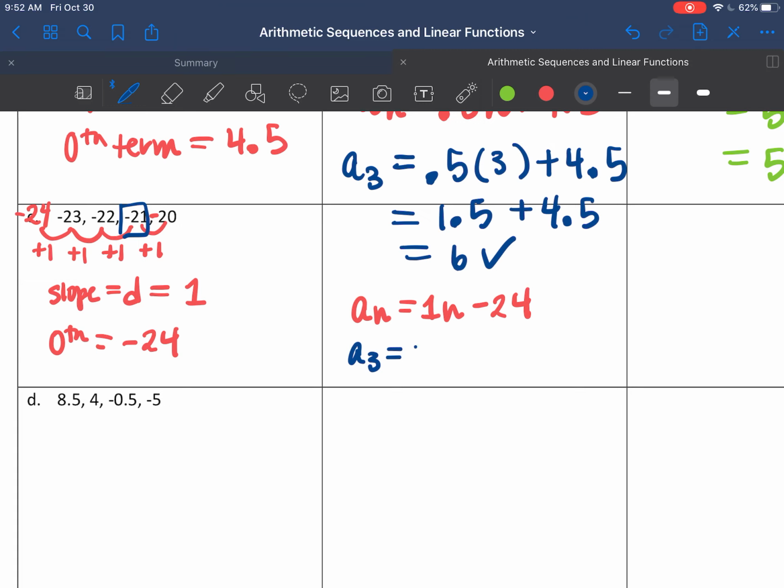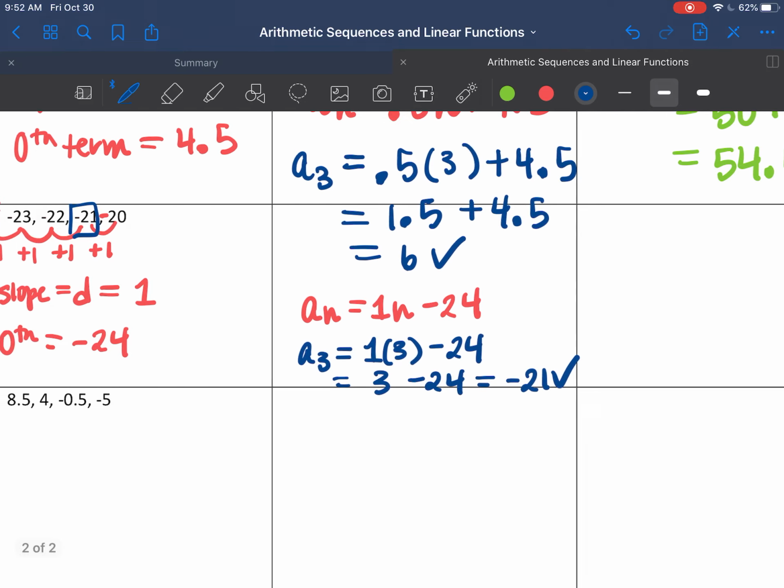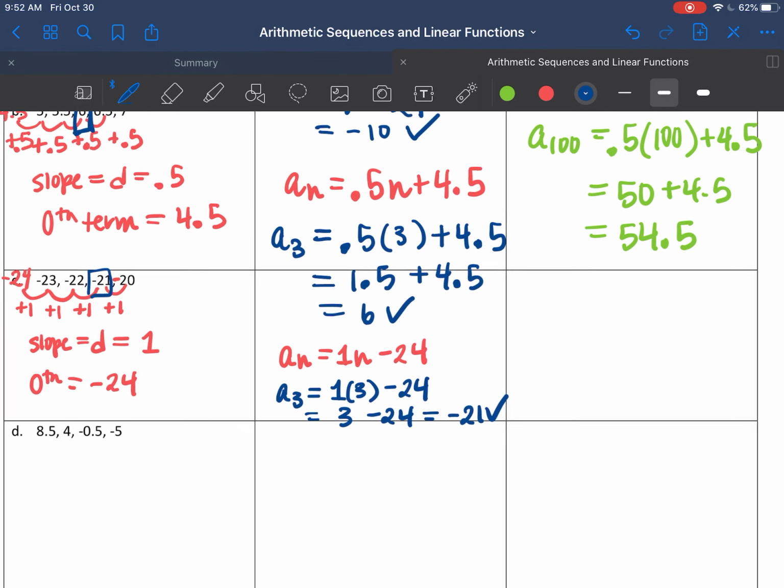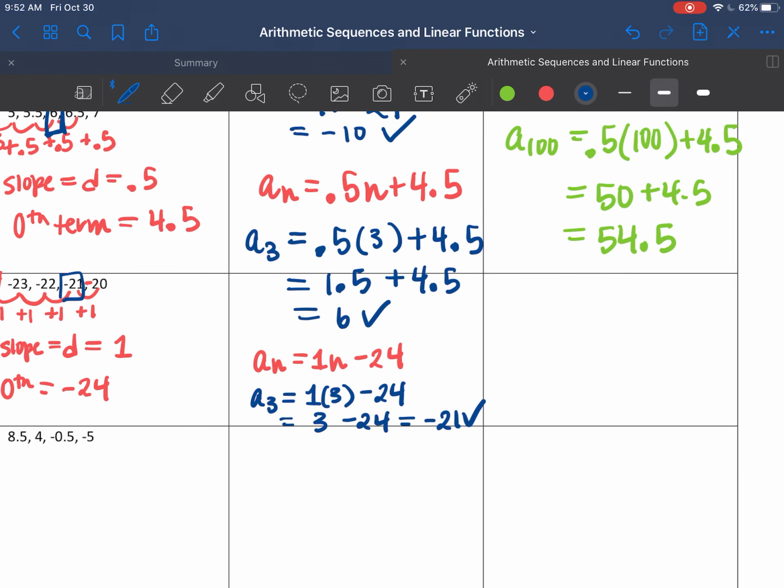We should get negative 21. And so for our third term, we have to plug in 3 for n and then subtract the 24. 1 times 3 is 3. Subtract 24, you end up with negative 21. It's a good strategy for a multiple choice test.